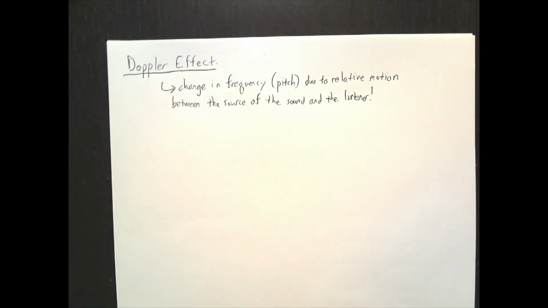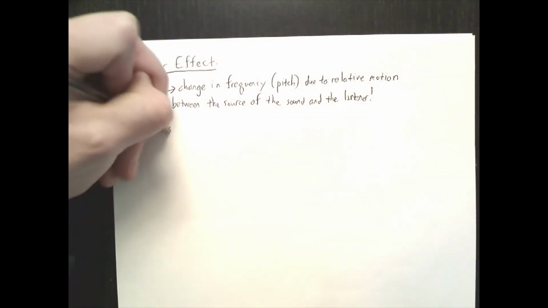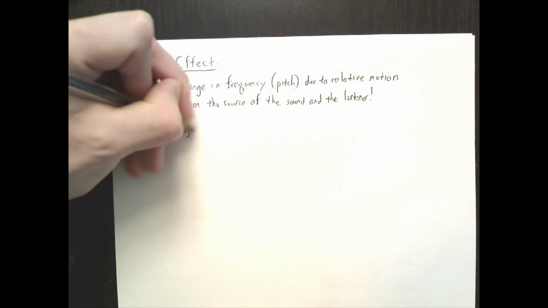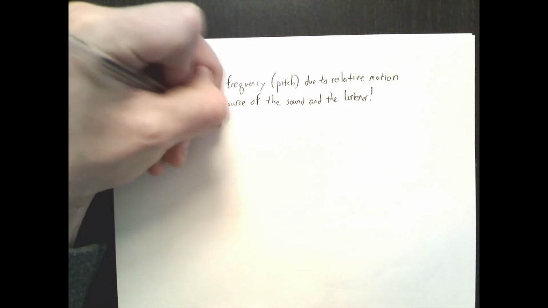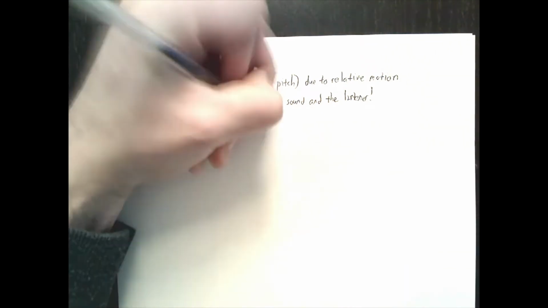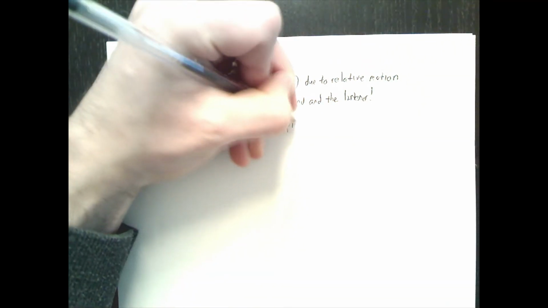So in other words, if you were standing on the sidewalk and you heard a sound from something that was not moving, you would hear that sound exactly as it was produced. If you start having things move toward or away from each other, you get a shift in the frequency of that sound. And so what happens is as things move closer, the pitch increases, it gets higher.